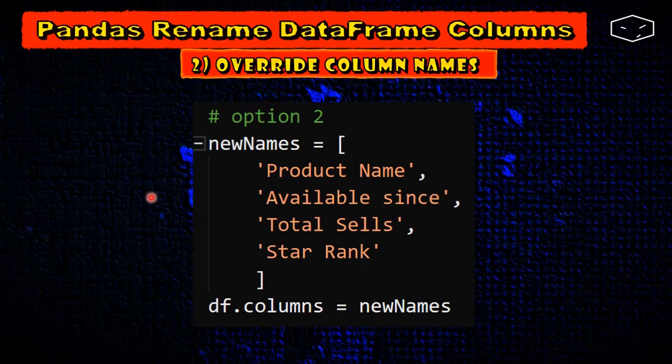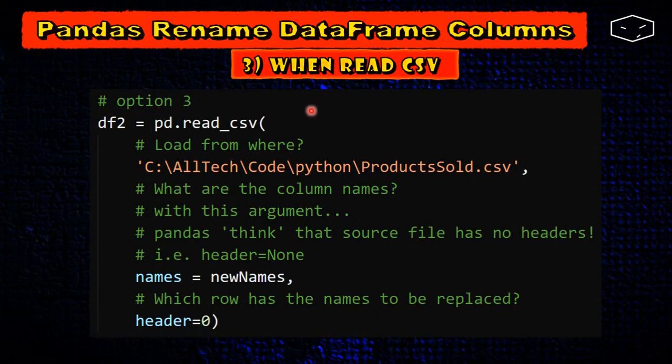The second option was just creating a list with the new names and assigning this list to our dataframe.columns. Third option was passing to read_csv the parameter names with the list of names, and because of this Pandas thinks that headers don't exist, and we need to say also that the header actually exists and it is at row number 0, okay?